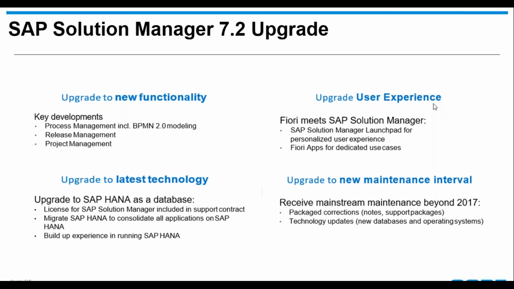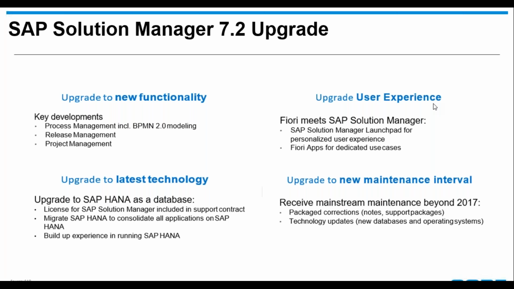There's new functionality, process management, which includes BPM modeling tools, compliant tools for BPM 2.0, release management, project manager. So for IT, this really is the full end-to-end integrated tool for managing projects and programs and creating process models, and also testing and release management.